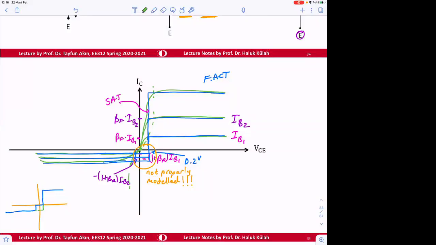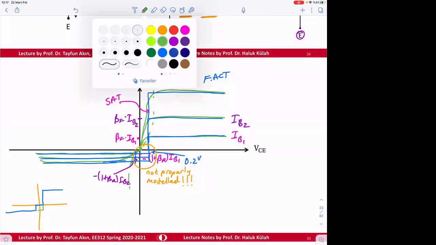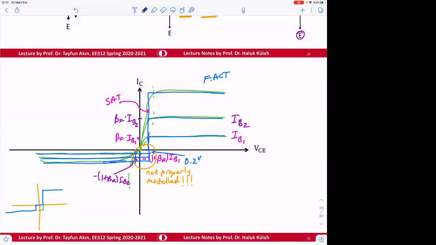So a very small model, and then the thing was given like this. Okay, so we don't really care about this, but you will see that this mistake in the modeling will create a problem later on for us. Sometimes you'll say, oh, what is happening here? When we go from SAT to reverse active, there will be problems. So this is the reverse active region.